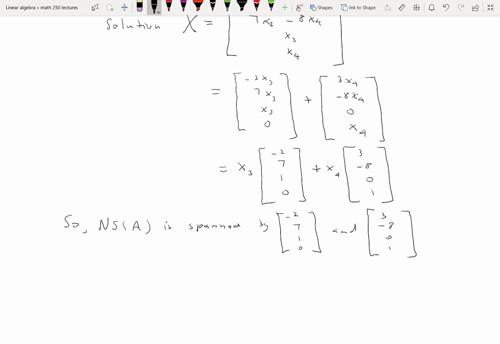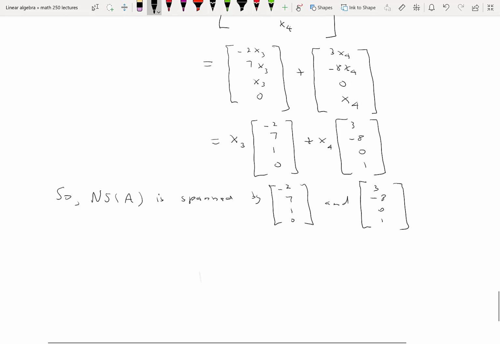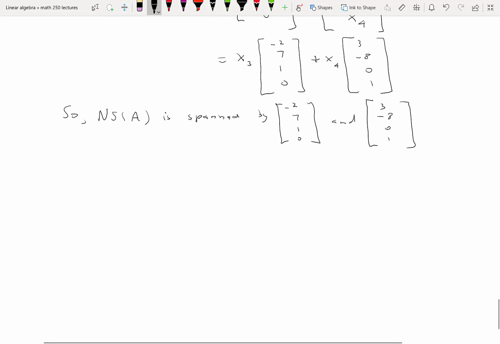Now I don't get linear independence automatically. I don't know the dimension of the solution space. If I knew the dimension of the solution space was 2, then I have 2 spanning vectors, and by theorem 2.12 I automatically get linear independence, but I don't know any dimension yet.